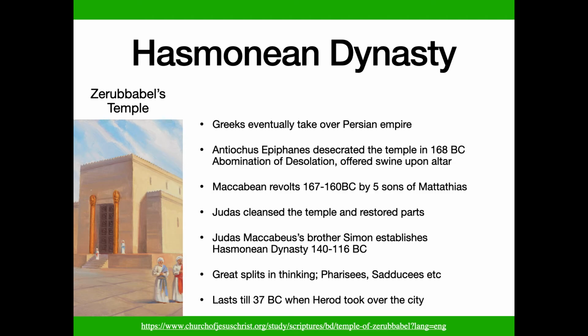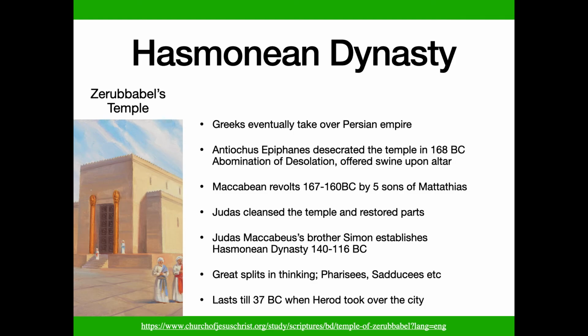And those happen for a 7-year period by the 5 sons of Mattathias, I believe it's pronounced. I don't know. I could be wrong on that one. But it's the Maccabean family, the Maccabeans. So the main son is Judas Maccabeus. And he cleanses the temple and restores parts of it. But it's not sanctioned. There's no sense in doing it.